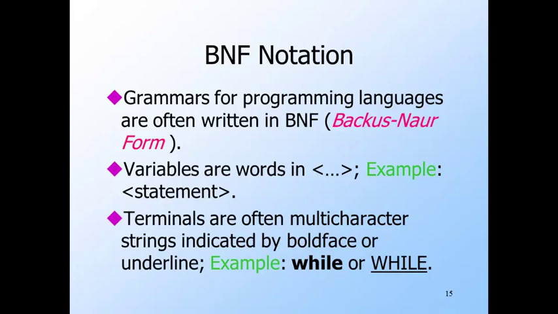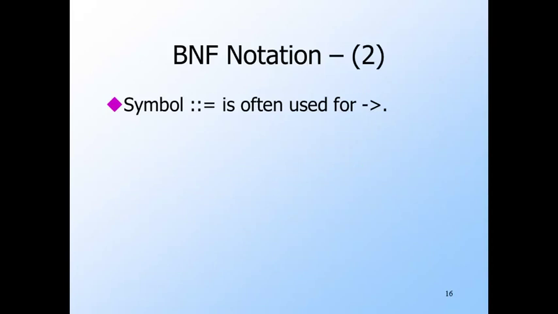For example, the plus sign or semicolon are commonly terminals in the grammar for a programming language. However, other terminals are really reserved words like if or while. And we see these shown either in bold or underlined depending on the style used to remind us that they are single symbols.